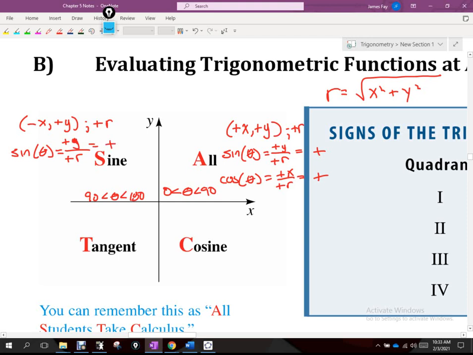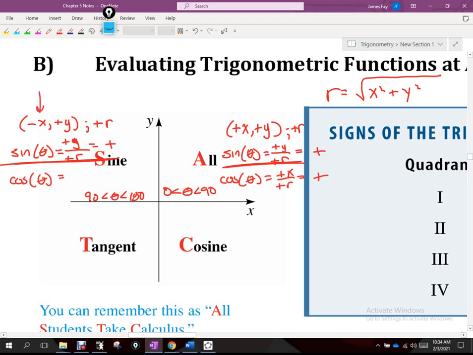Positive, right? You see here that I'm doing the same positive y divided by positive r that I did over here in the first quadrant, right? And that's the relationship. If I'm working in the first or second quadrant, the signs are going to be the same because I'm taking a positive divided by a positive. Okay? But cosine over here is x divided by r.